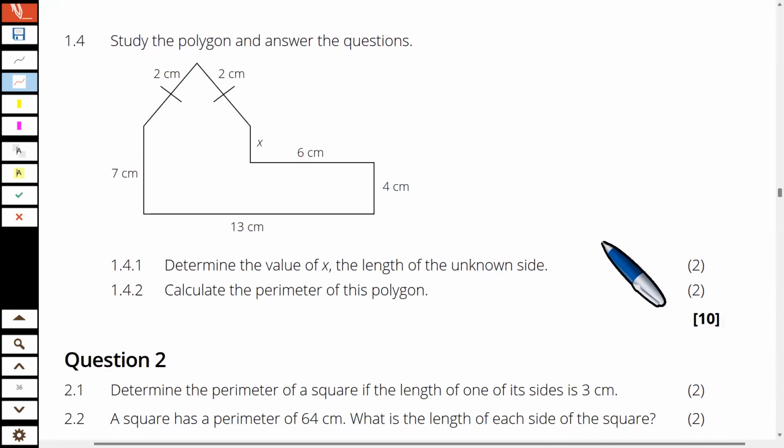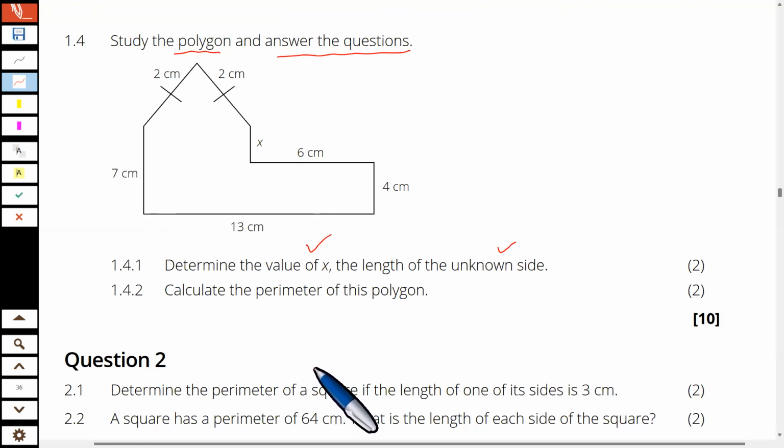So now we're going to do 1.4. In 1.4, start with the polygon and answer the questions. Determine the value of x and the length of the unknown side.